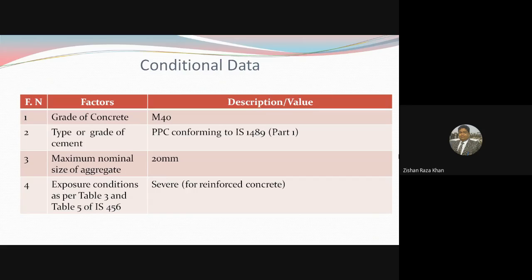The maximum nominal size of aggregate is selected as 20 mm, because 20 mm is the most common size for RCC work. Exposure condition is taken as severe, just for the case. But if you want to take it moderate, you can also do that.